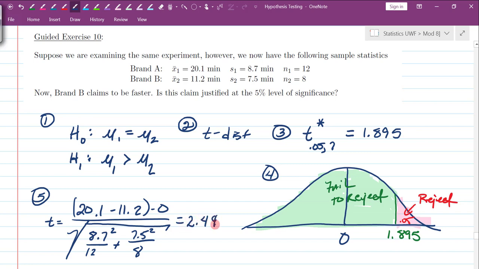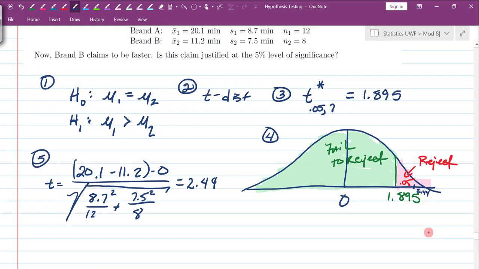So if we plot that over here, we're going to find out 2.44 is right in here in the rejection area, so that we can say then on step 6 that we will reject H naught and conclude H sub 1, the alternative. So let me type that up for you and I'll be right back.